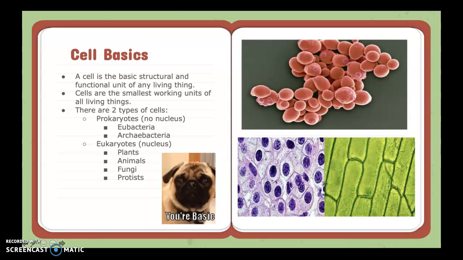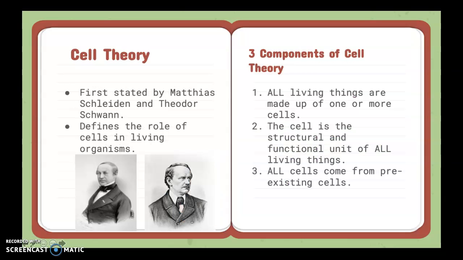The plant cells are the one on the bottom right, and those are green because they are plants. I don't believe those are dyed. So just three really cool pictures that scientists have gotten through technology.